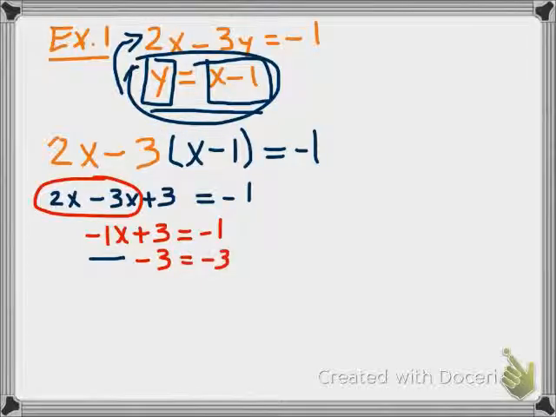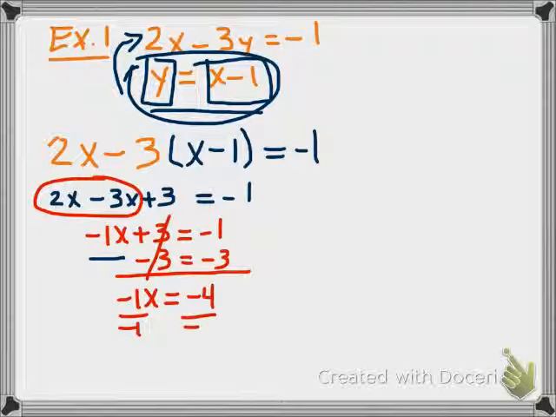Subtract 3, subtract 3. Now my 3's cancel. Negative 1x stays. Negative 1 minus 3, two negative numbers, you add them, you get a negative 4. But we're trying to solve for x, so x has to be positive. So now we have to divide by negative 1. So negative 4 divided by negative 1 would give you a positive 4.